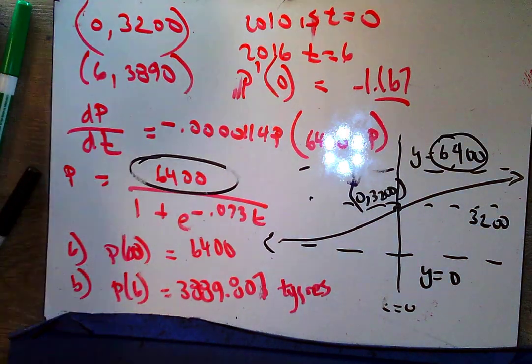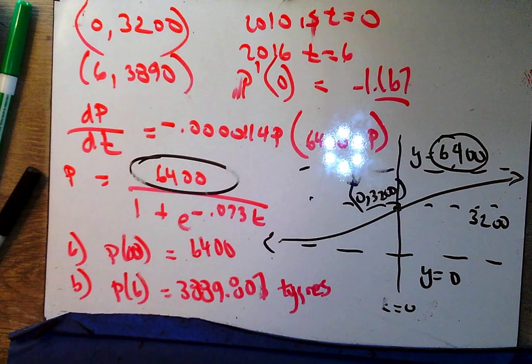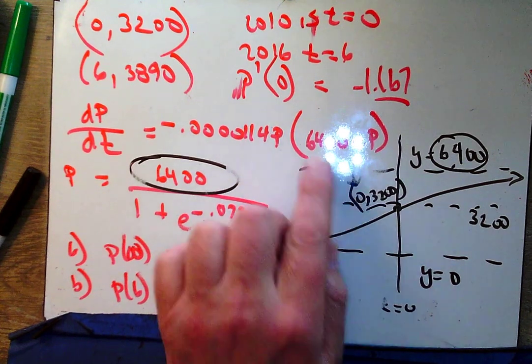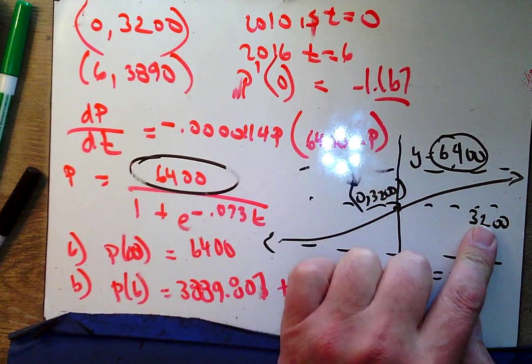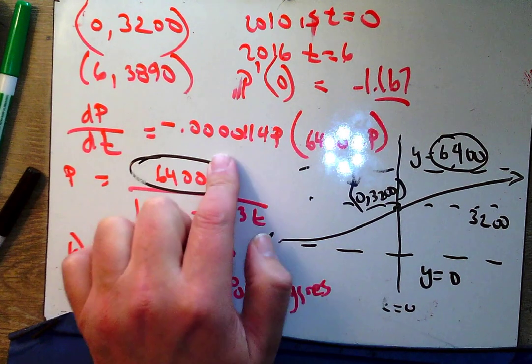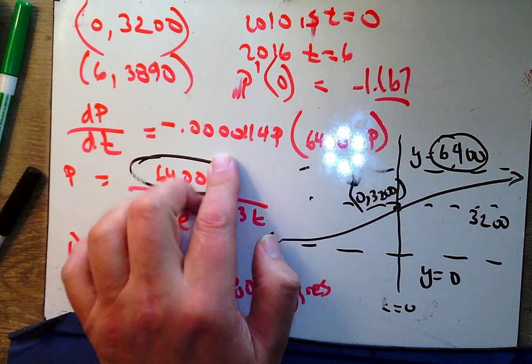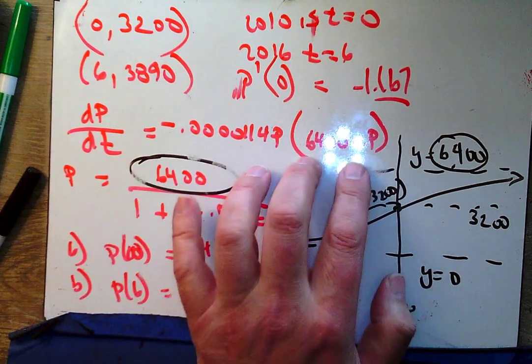So 6,400 minus 3,200, just recalculated that. That's a positive.